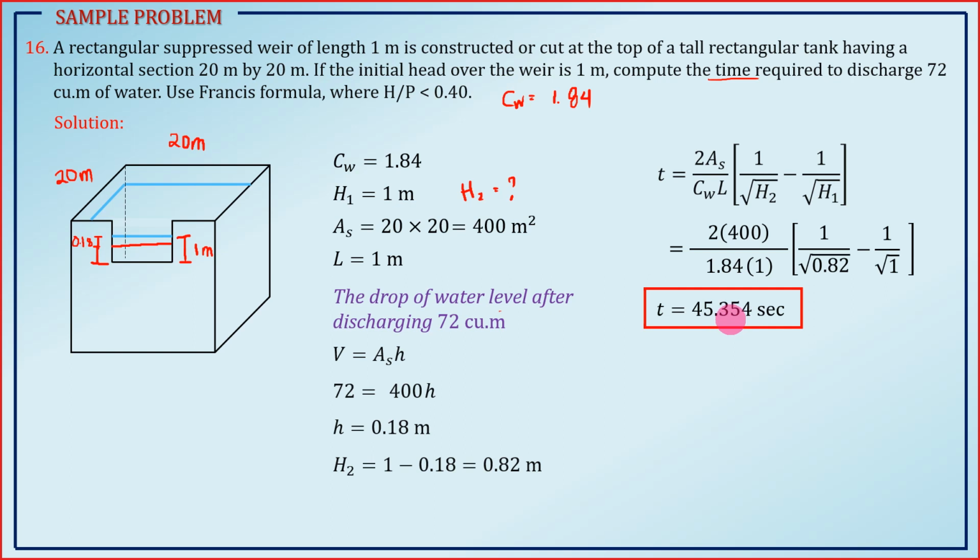Ayan, nauna na lumabas yung sagot. So, simplifying, the time is 45.354 seconds. Ayan yung time para makapag-discharge yung tank natin or yung weir by 72 cubic meter of water. So, by 45.354 seconds, mawi-withdraw natin si 72 cubic meter.